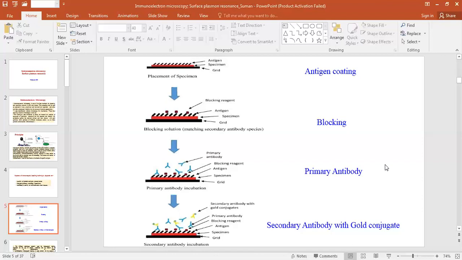So here antibody labeling requires some steps. Before adding the antibody, we have to block the antigen solution. Antigen coated copper grid. Because those portions where the antigens were not bound to the grid should be blocked.